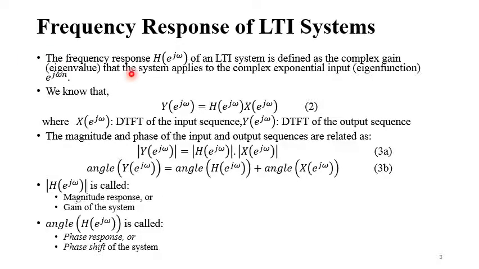The frequency response, represented by H of e to the j omega, of an LTI system is defined as the complex gain that the system applies to the complex exponential input signal, that's the eigenfunction.